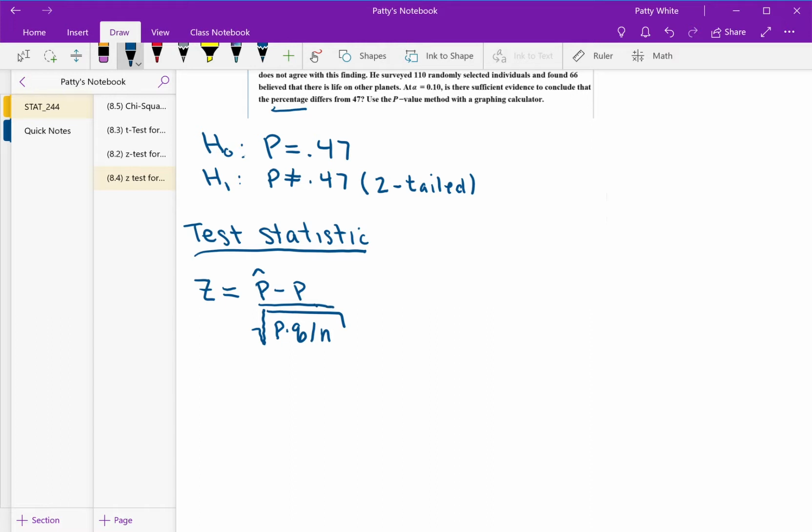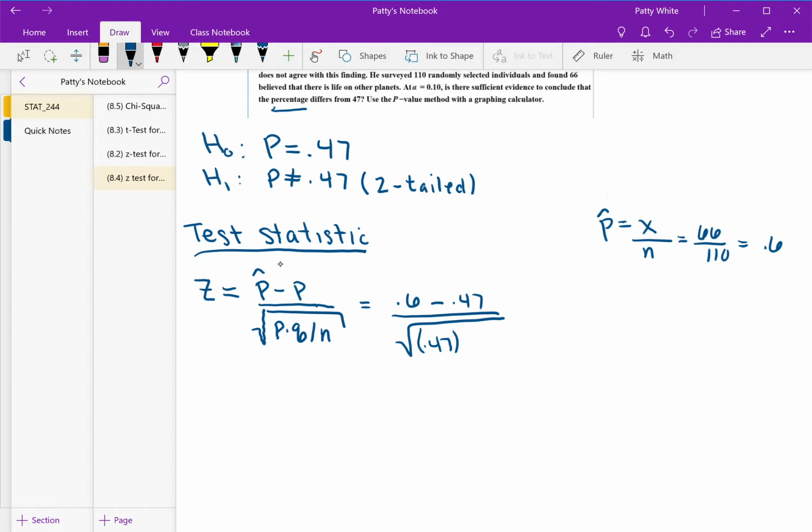So just to recall, this p hat over here is equal to our count over our sample size. So in this case, 66 over 110, that's 0.6. That is our sample proportion. So our sample proportion is 0.6. Our population parameter that we're testing it against is 0.47 over the square root. P again is 0.47.